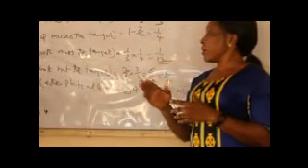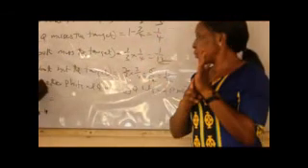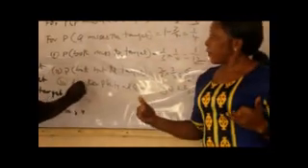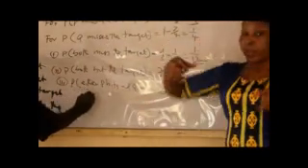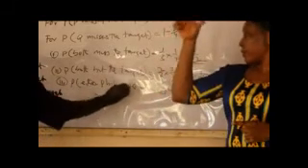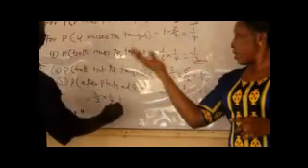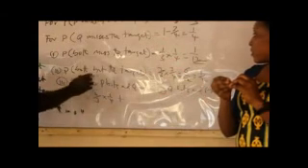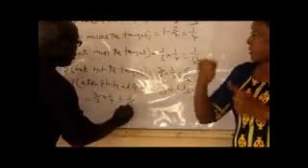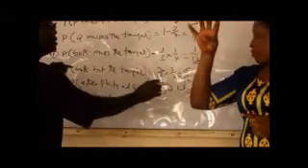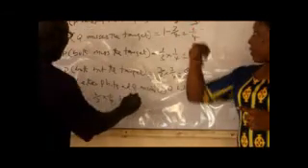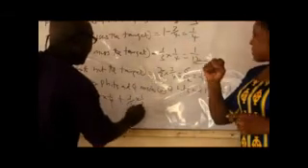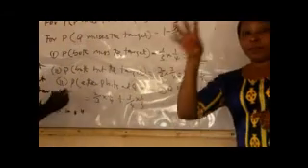What I will now say is that P hits, 2 over 3, and Q misses, 1 over 4, plus Q hits, 3 over 4, and when Q hits, P will miss, which is 1 over 3. So understand this. This is going to give us 2 over 12.